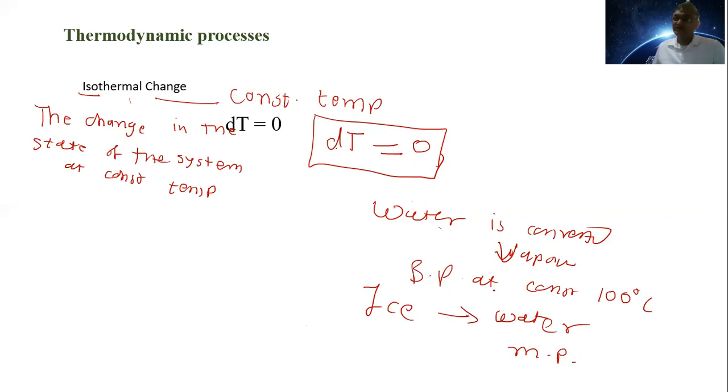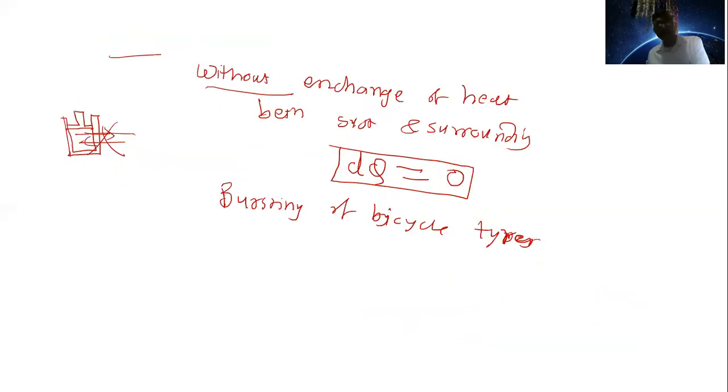Water is converted into its vapor at constant temperature, and that temperature is called the boiling point. Ice is converted into water at constant temperature, and that temperature is known as the melting point. These are the examples for isothermal and adiabatic change.